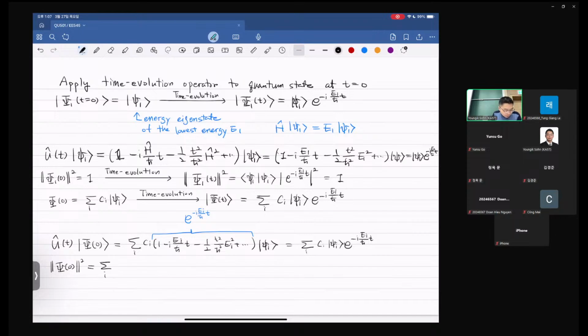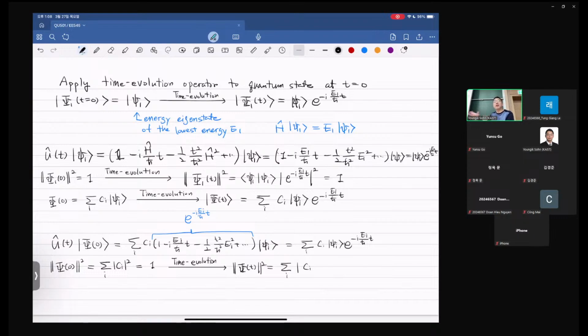Previously we know that if we do the calculation, it's the sum of the coefficients' absolute squares, and that's going to be 1. And then after time evolution, the length squared is going to be... You can interpret it as the coefficient gaining a phase over time.